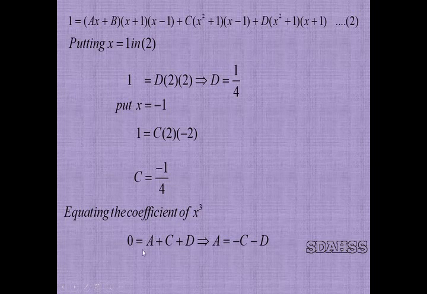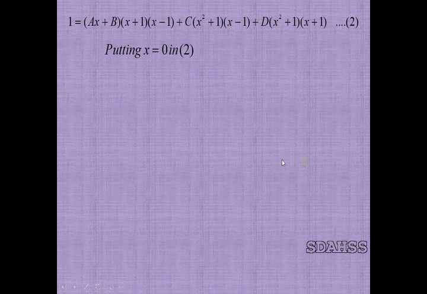So a plus c plus d is equal to 0. Then a is equal to, you bring c and d to the other side, it becomes negative, so minus c minus d. Substitute the values, c is equal to minus 1 by 4 and d is equal to 1 by 4. Then you will get a is equal to plus 1 by 4 minus 1 by 4, which is 0, so a is equal to 0.